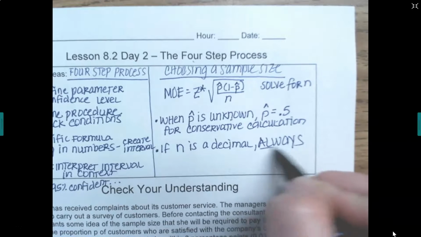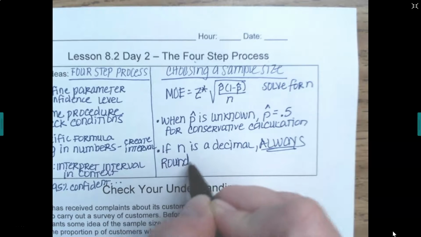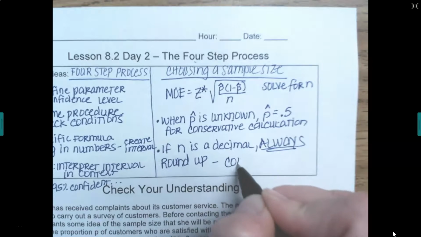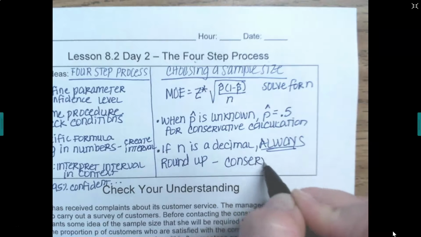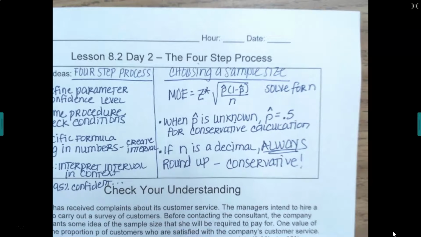Always round up, even if it's only 0.1. That's another conservative. It's better to talk to more people than less people. Okay. Plus, if you have 427.2, you started talking to a whole other person, the 0.2, so you might as well count them.